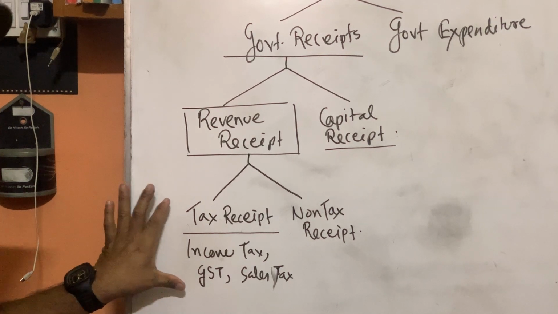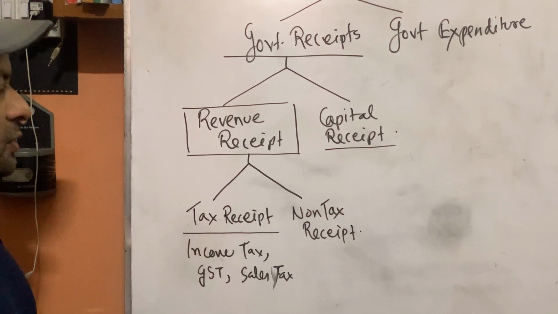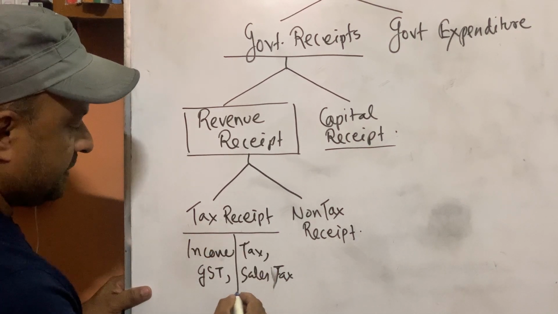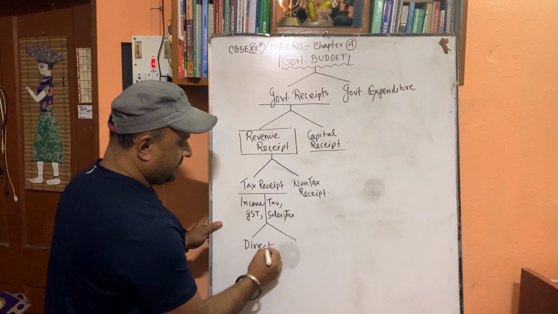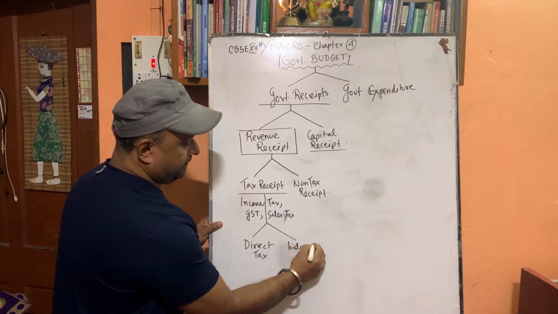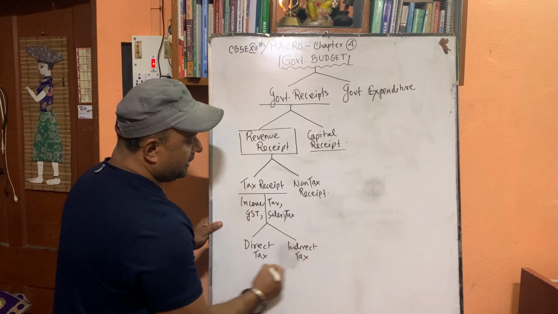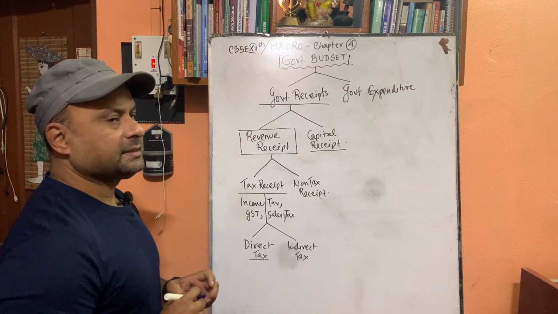Some of the taxes are direct, some are indirect. In tax receipts also there are two types of taxes: one is direct tax, another is indirect tax. Suppose income tax is the direct tax, and GST or sales tax is the indirect tax.